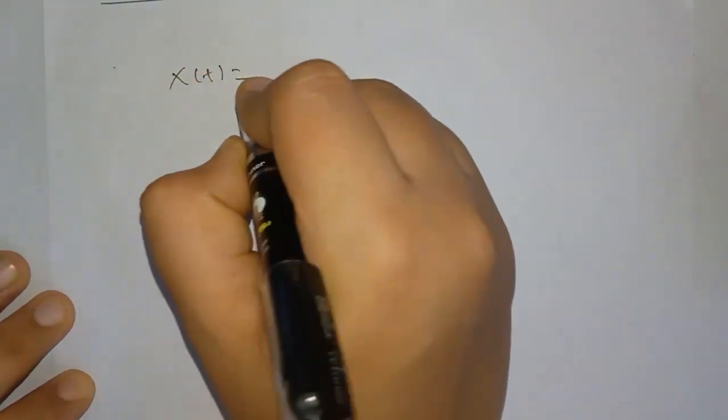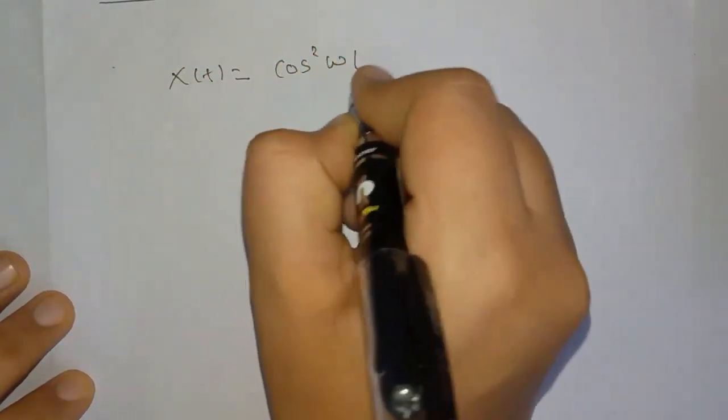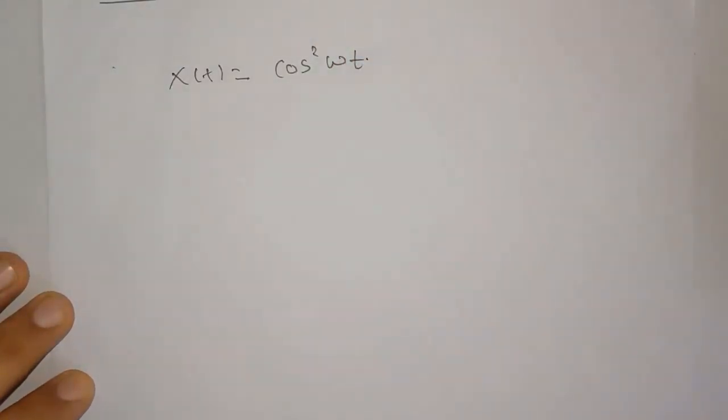Let us see another example. The function is given, x of t equals cos square omega t. We want to check whether it is SHM or not. If it is SHM, then we have to find the time period.